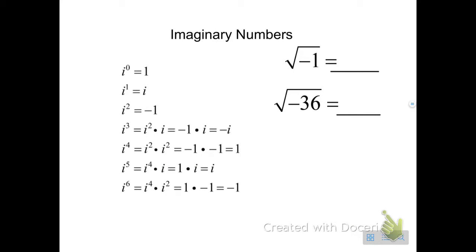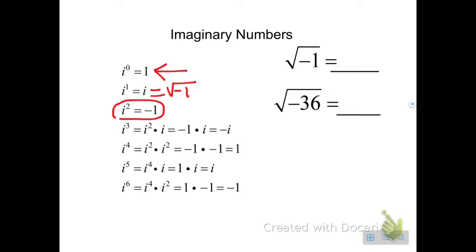Remember, anything to the 0 power equals 1. It doesn't matter what you're raising to the 0 power. i stands for imaginary numbers, and it equals the square root of negative 1. So anytime you have a negative number underneath the square root sign, it's going to be equal to i. i squared always equals negative 1.